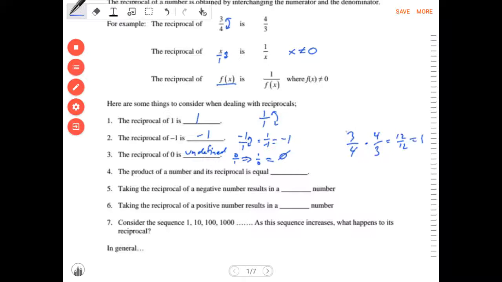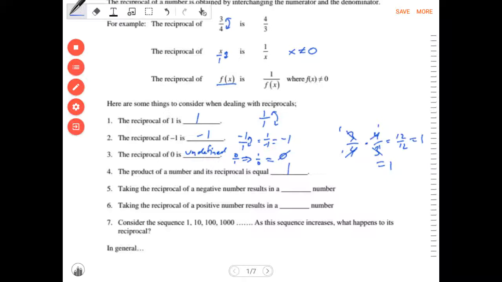Or we could have crossed off the diagonals, 1, 1, 1, 1, and 1 times 1 divided by 1 times 1, well, hey, that's just 1 as well. So either way you decide to multiply those, or you could just type it into your calculator, the product of a number and its reciprocal is always 1. That's the way these things work.